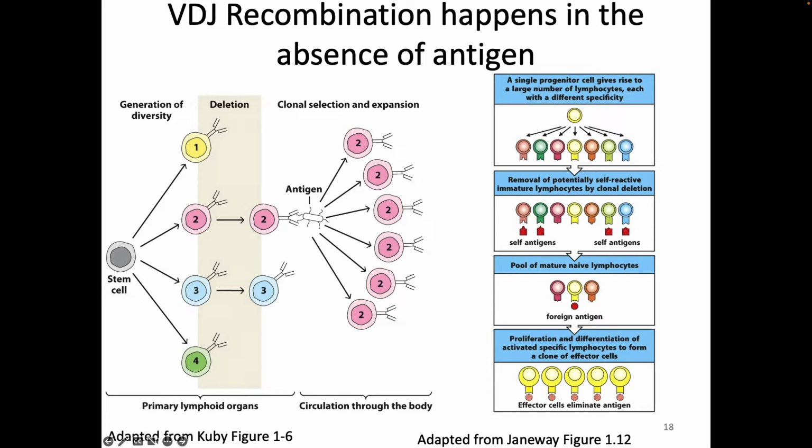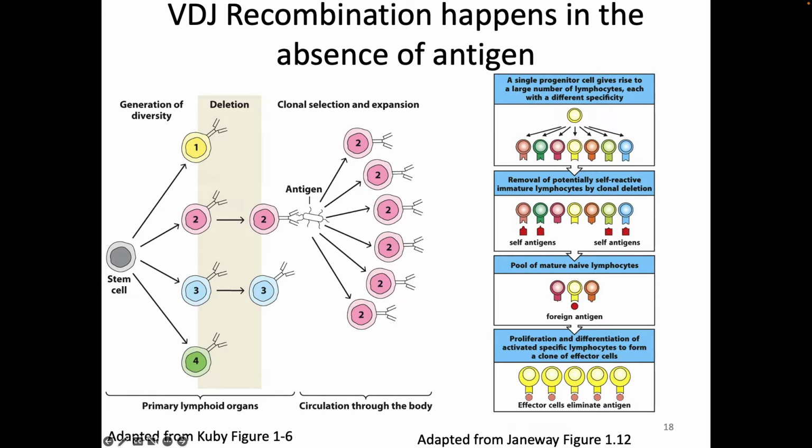This is the risk that the adaptive immune system has sort of evolved to have us take. We have evolved this process that allows us to make an incredibly broad repertoire. We make receptors against everything, including things we've never seen before, so that microbes can't be tricky and mutate and get around us.